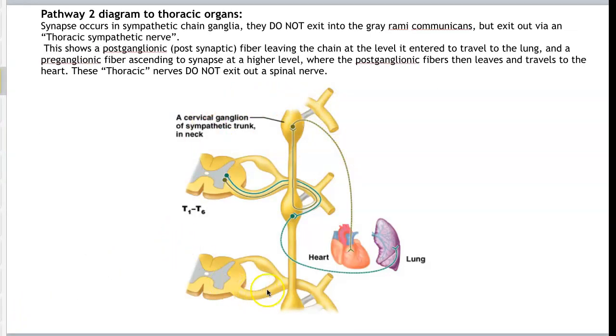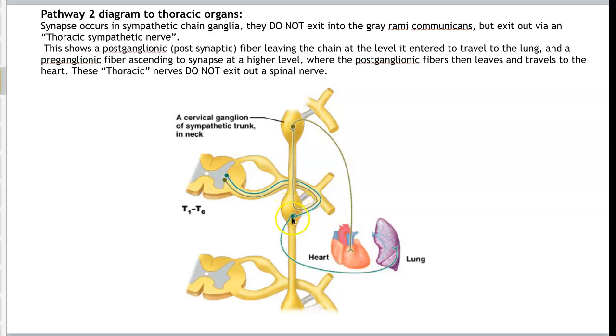So let's have a look at this diagram. This is from a textbook showing us how we're going to get to our thoracic organs. Here they're showing you two preganglionic neurons. Let's follow the green one first. We're going to start in a lateral horn, T1 through L2 level, go through the ventral root, go through the spinal nerve, enter the sympathetic chain through our white ramus communicans.